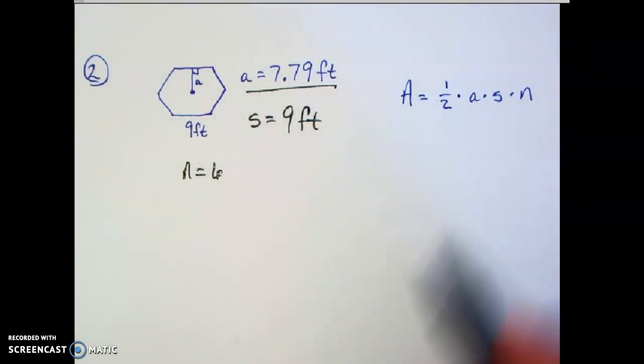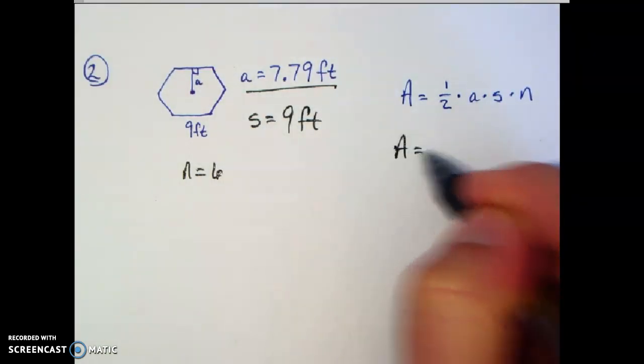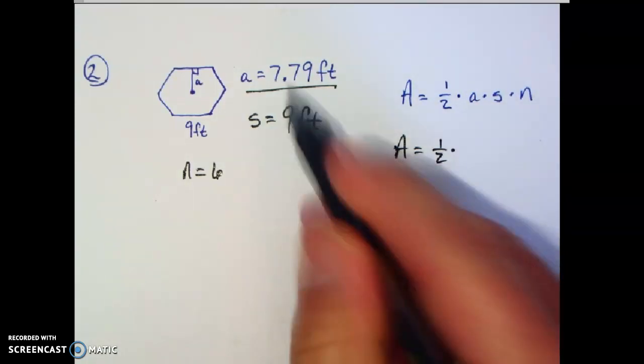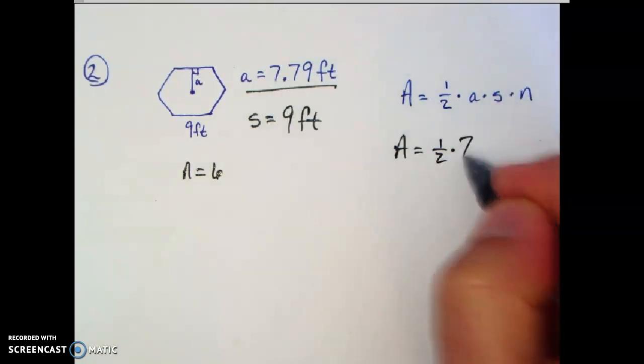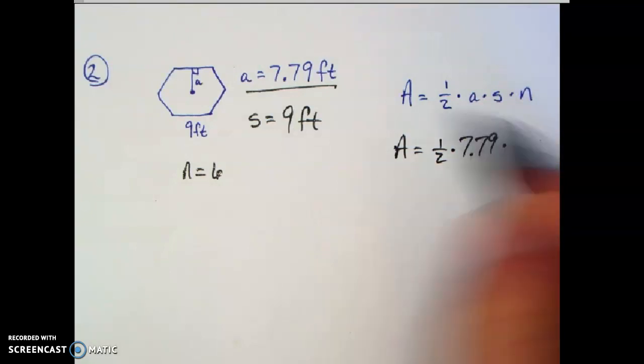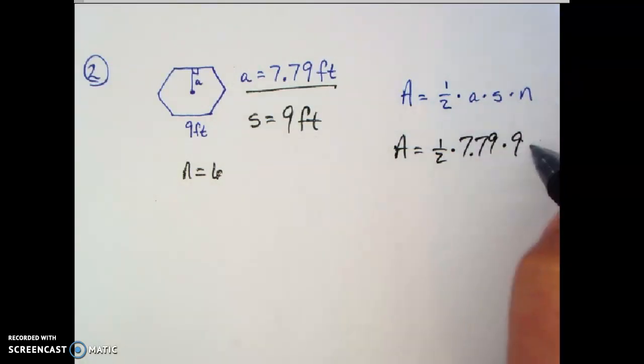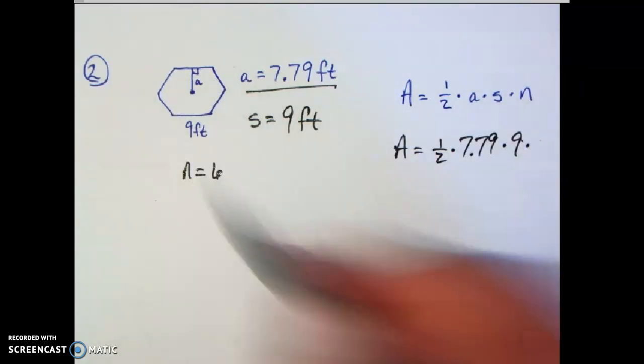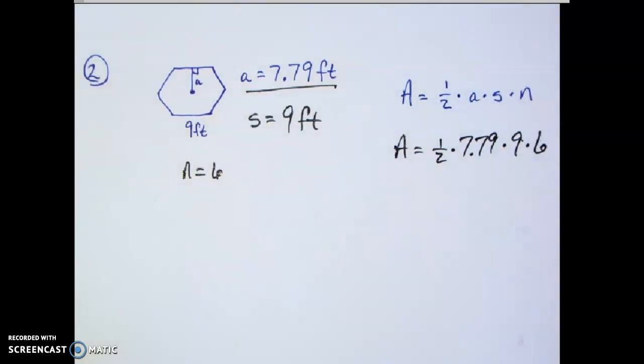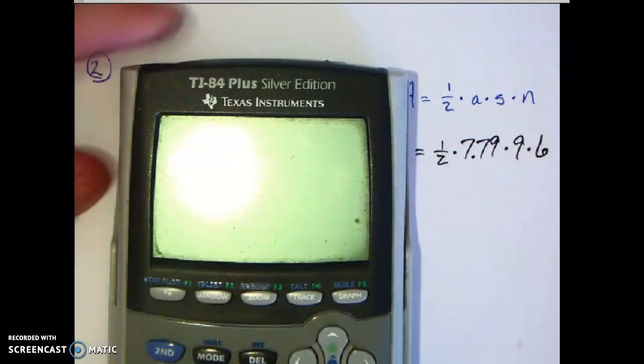So then to find the area, we have 1/2 times the apothem, 7.79, times the side length, 9, times the number of sides. It's a hexagon, we're going to have 6 triangles. Plug that into our handy dandy calculator.